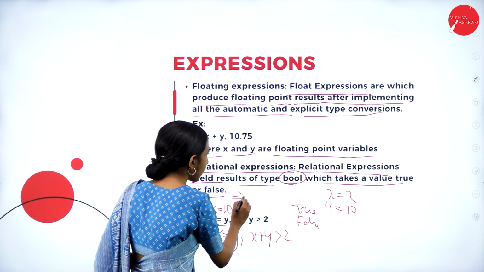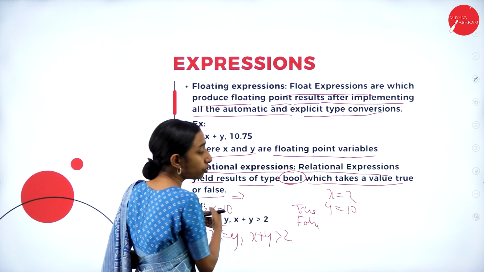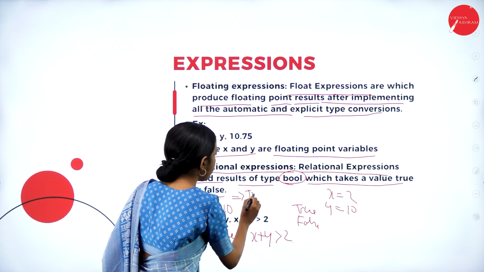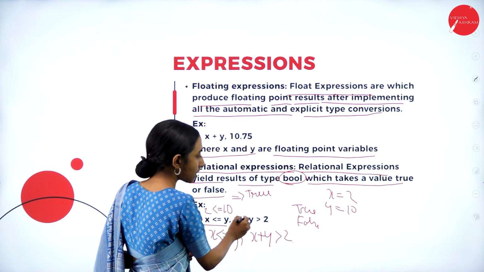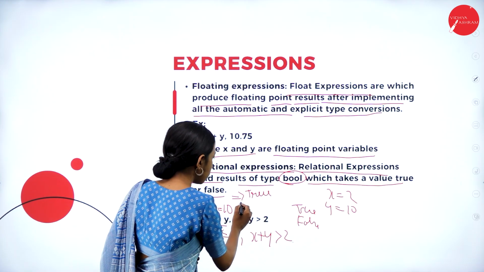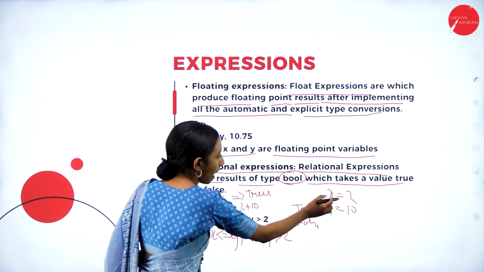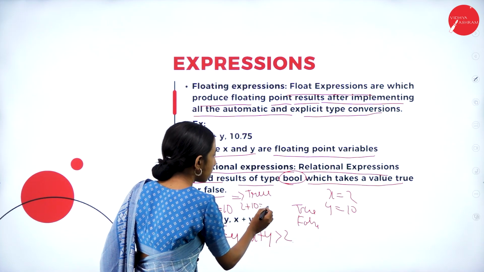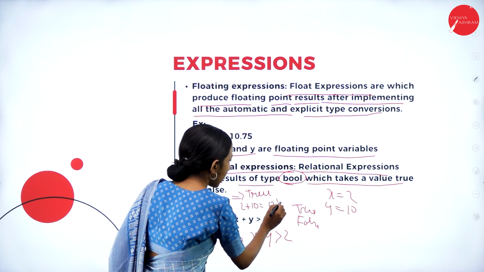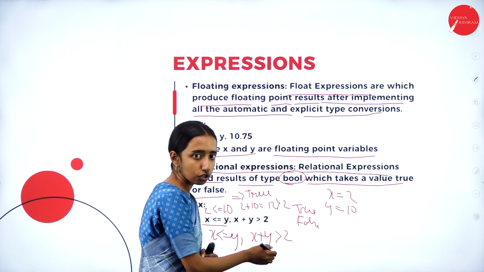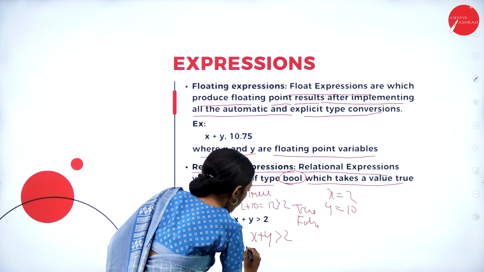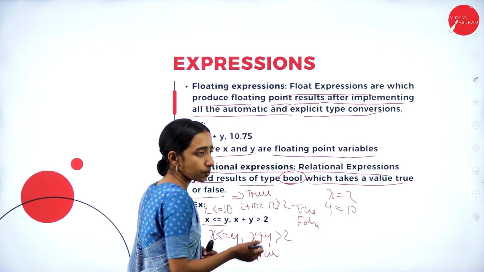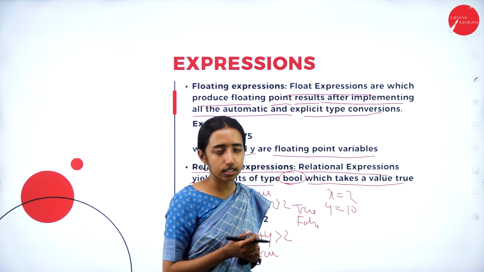So the output is a bool, which takes the value true. Next I have x plus y greater than 2. So 2 plus 10 means 12, greater than 2. It is also true. So we will get the output true. In this way the relational expression works.